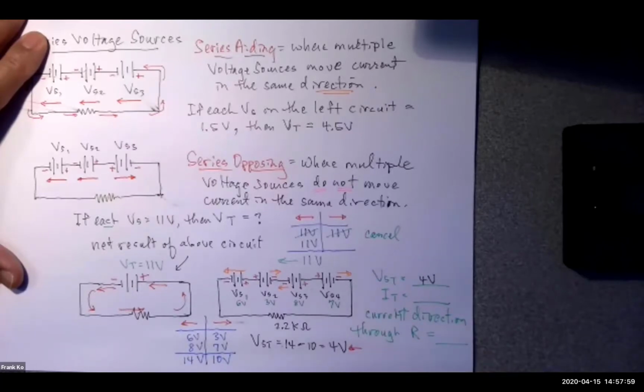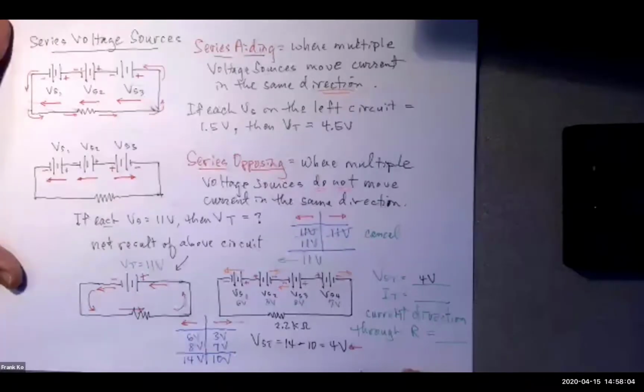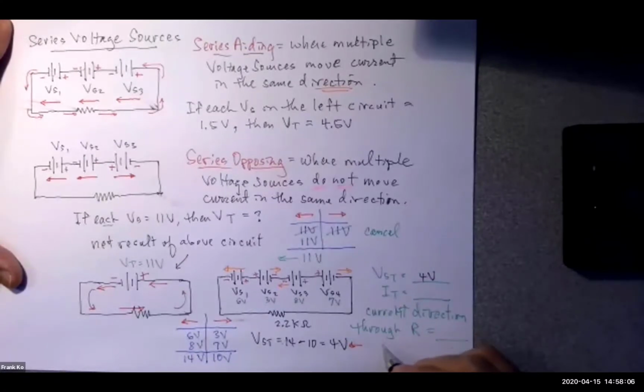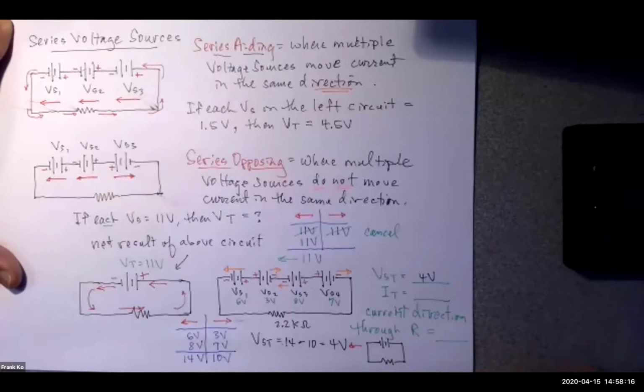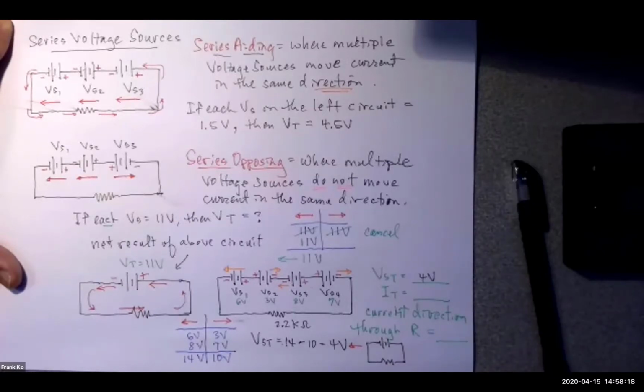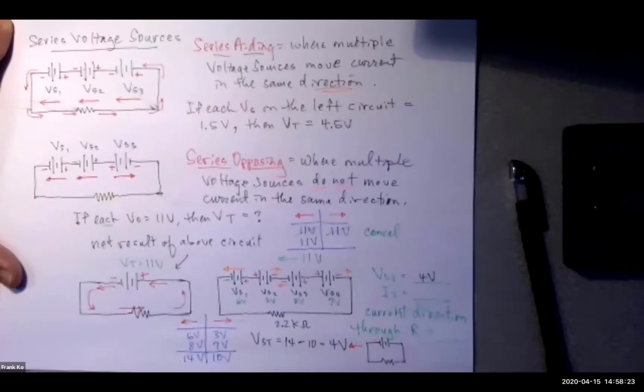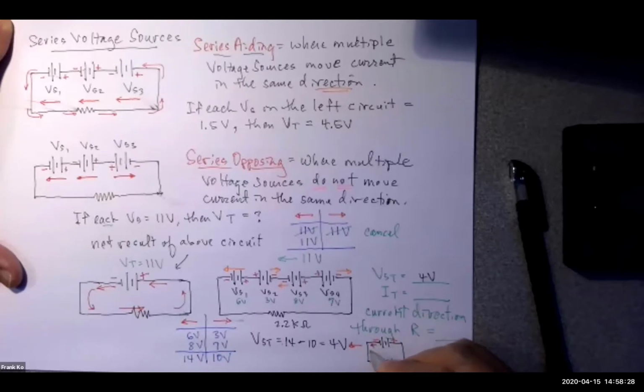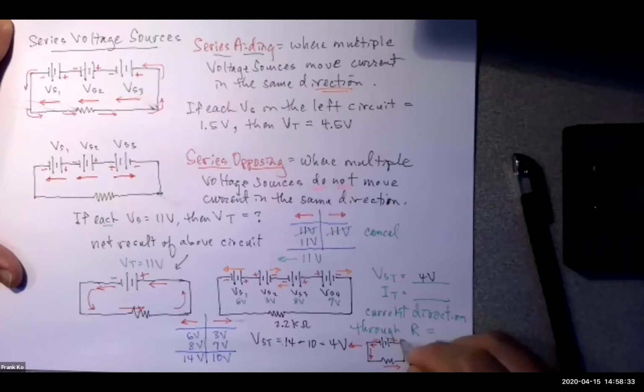So could I summarize this with a single circuit redraw and show this as a single voltage source, like so, single resistor, and this voltage source is going to be 4 volts, and its current flows to the left, down here, up here, back to the source, yes?